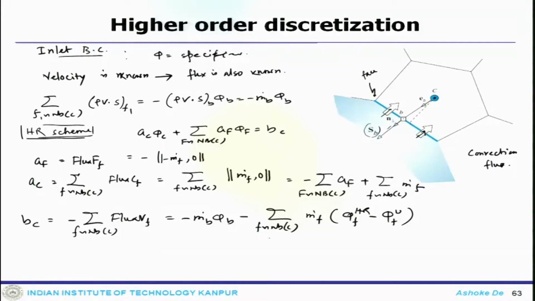So, this is my term due to deferred corrections, where F refers to the interior neighboring nodes of the C, and here one can say this could also be F1, then that makes life simpler for what we are doing.